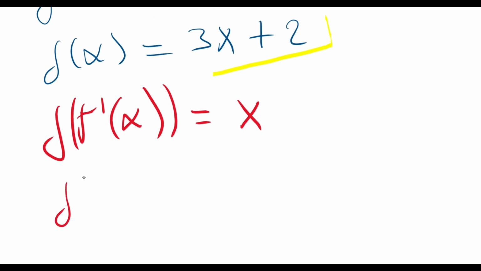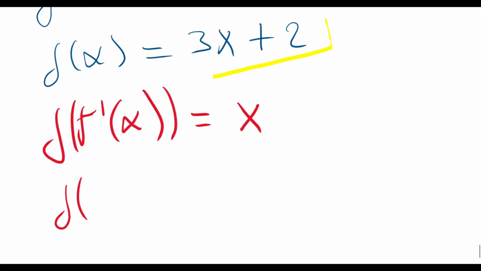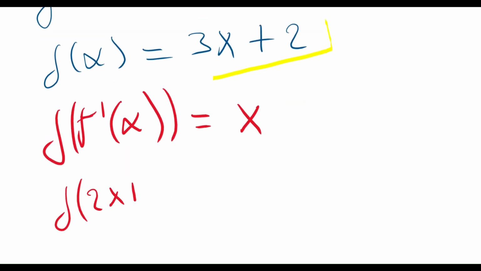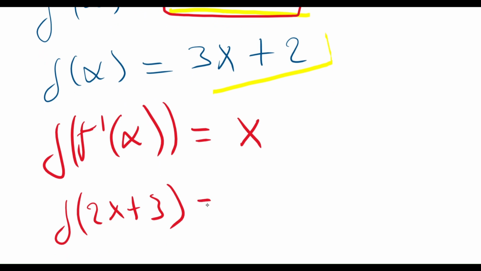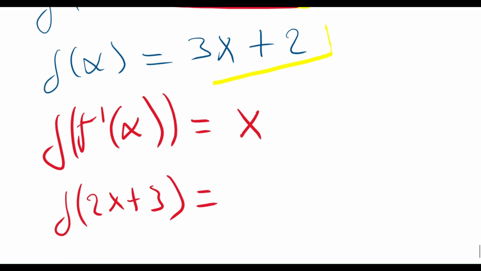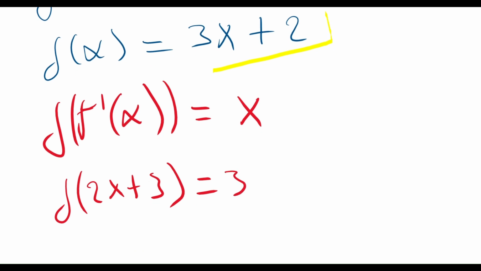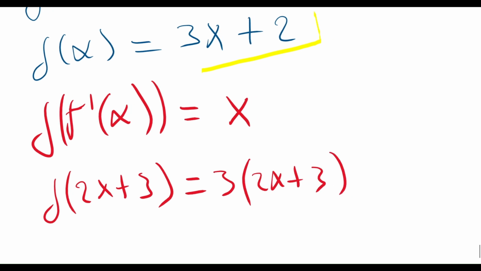So we're going to have the main function and using 2x plus 3 as the input, because we are told that this is the inverse of this function. So substituting it into this equation, we're going to have 3 times 2x plus 3 plus 2.